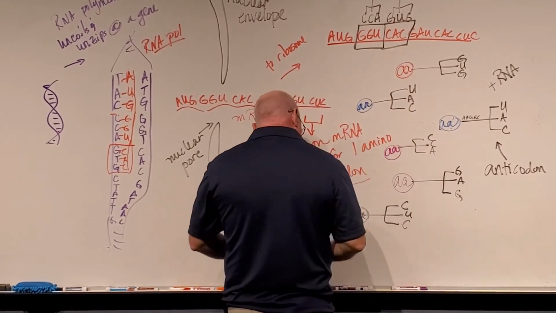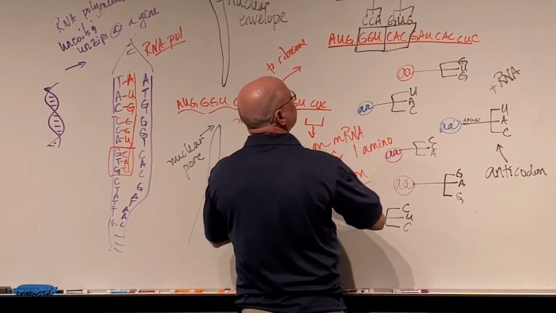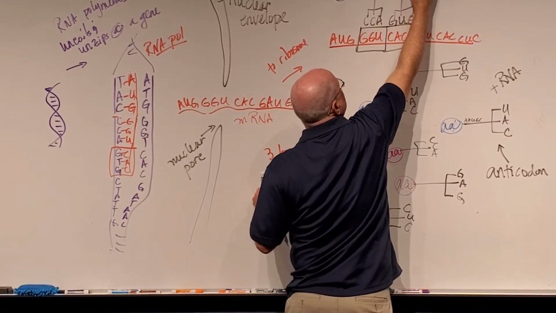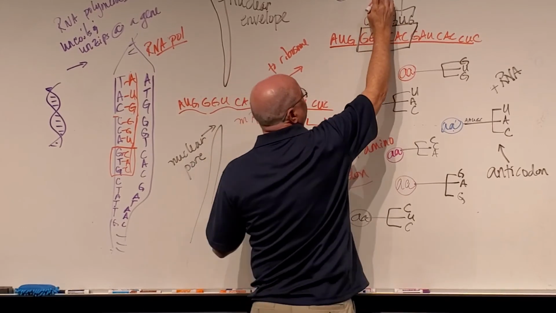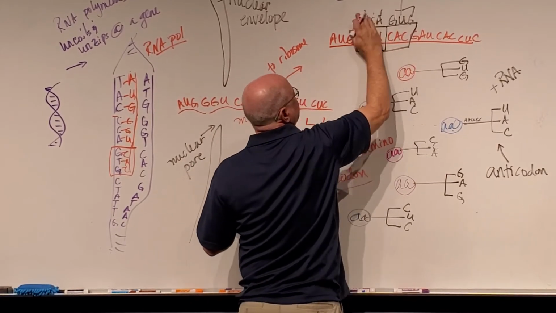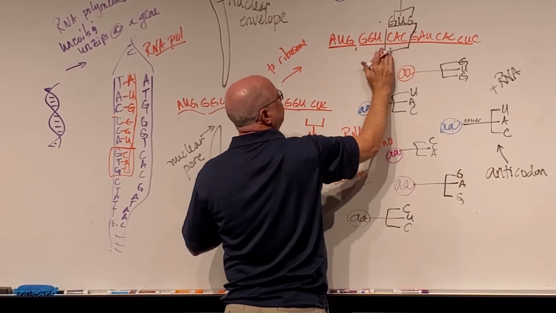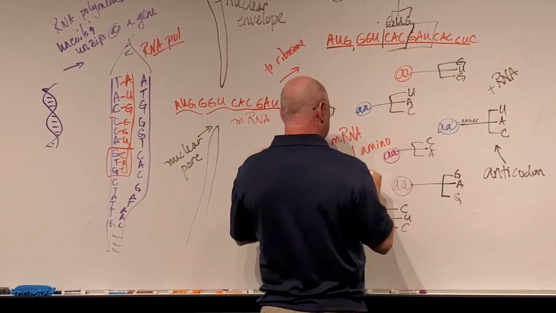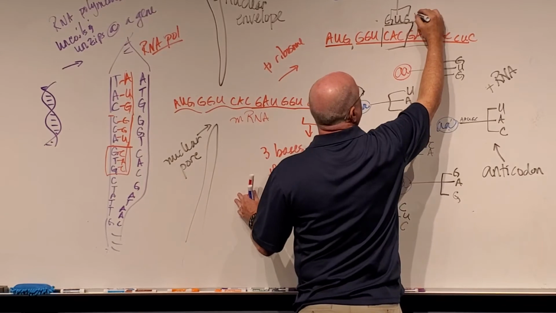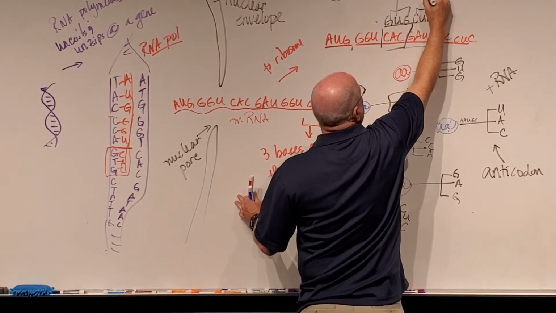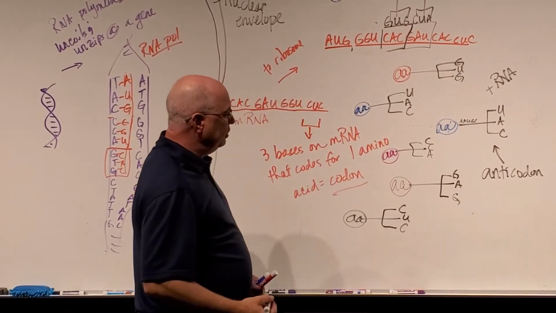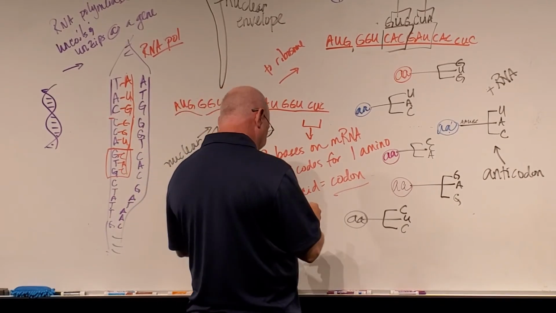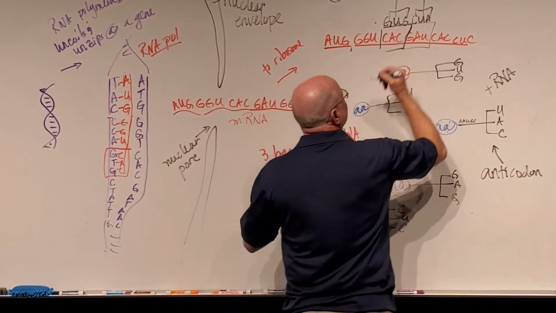So that means only the red amino acid could go next. There's no mistaking. And then I'll break this bond, link these together, shift down and release this, and then it reads the next 3. And there's only one that will sit here, CUA. I don't have one that has CUA, but let's just pretend that that's going to be this amino acid.